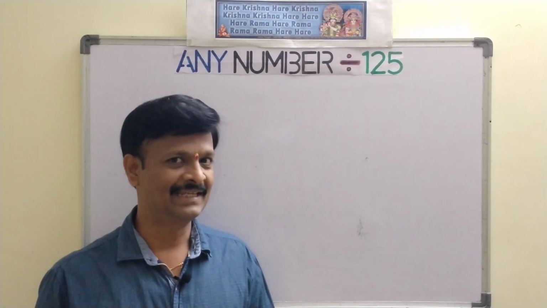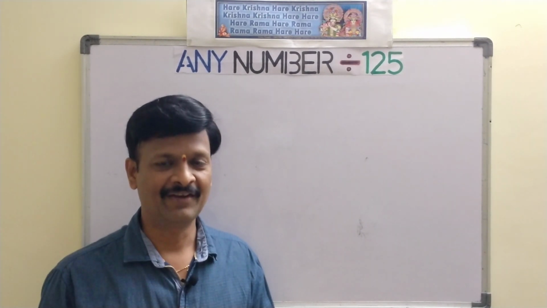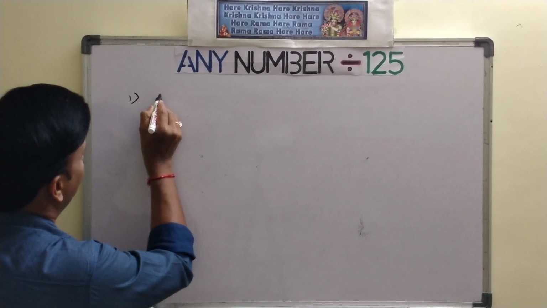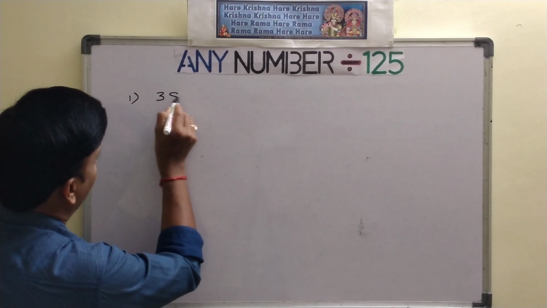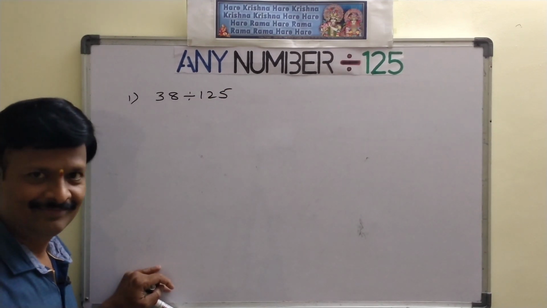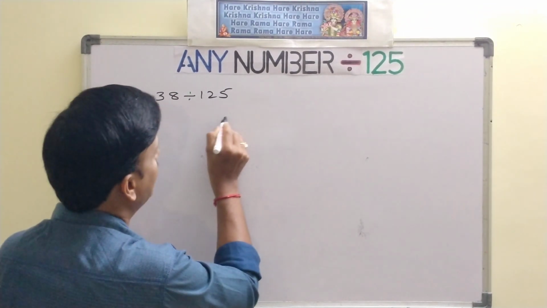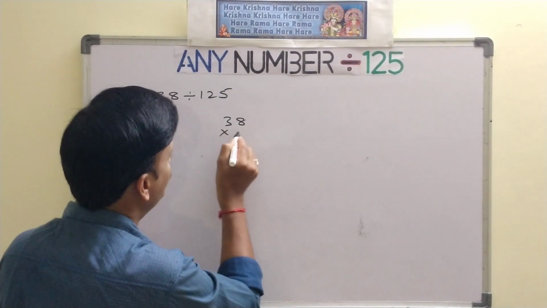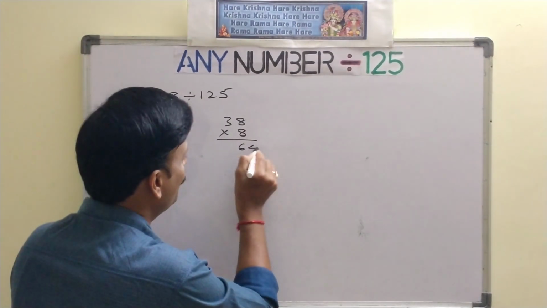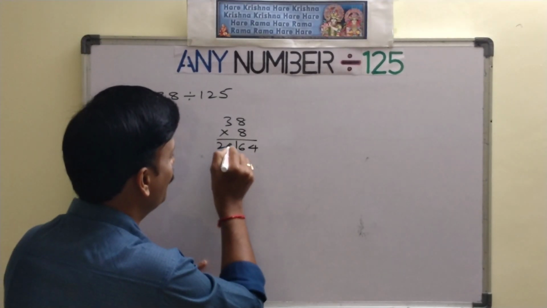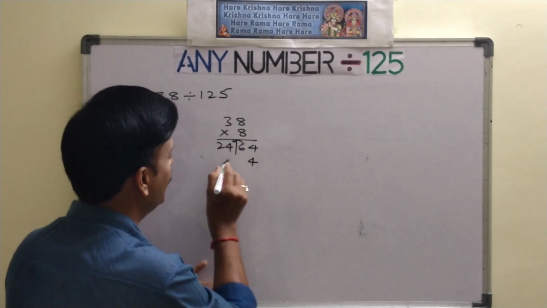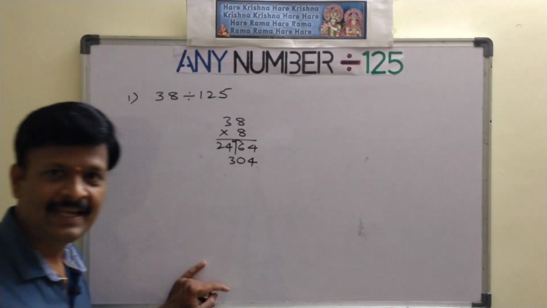Suppose any number is given, suppose a 2-digit number is given, what to do? See, some 2-digit number is given as 38 divided by 125. So first take this 38 and multiply by 8. 8 8s are 64, 8 3s are 24 and 24 plus 6 transferred is 30, so 304.